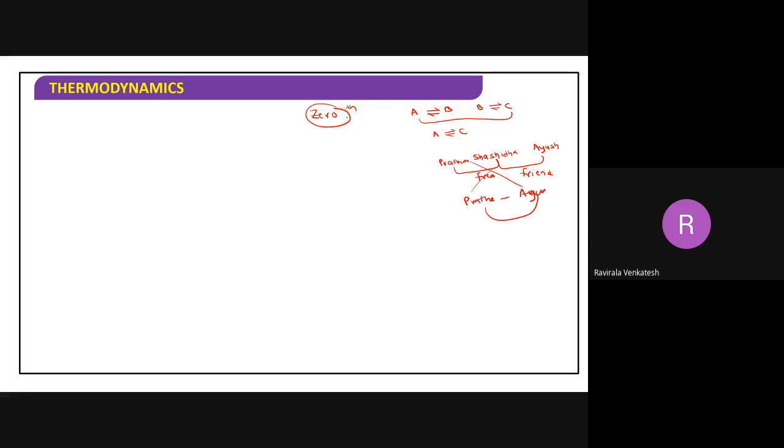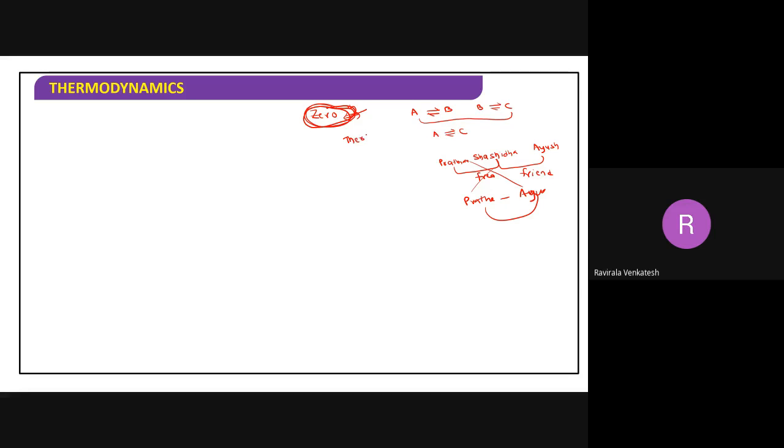Now, what is the best application of the zeroth law? In which type of application are we using this? Tell me, which application are we using in this? Anybody knows? Gulabi? Do you know any application of the zeroth law? Thermometer.